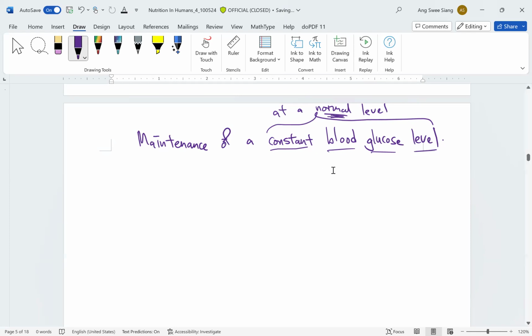This maintenance of a constant blood glucose level is performed by the liver when stimulated by more insulin or more glucagon.